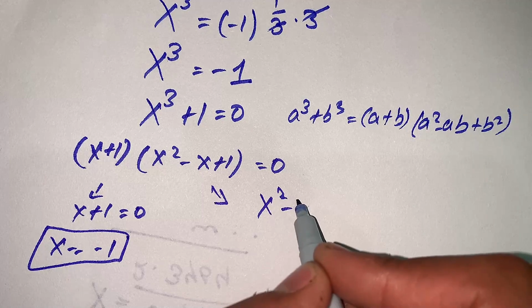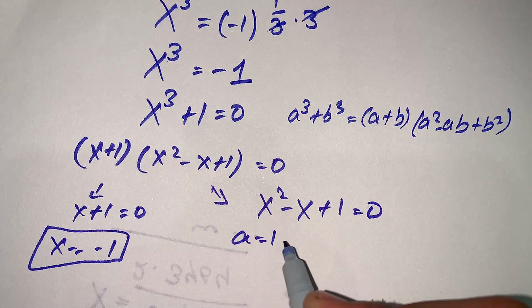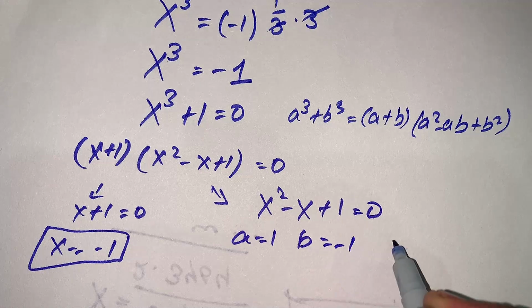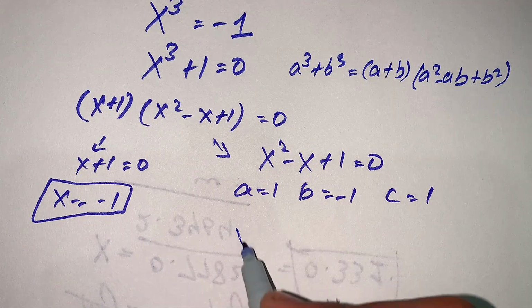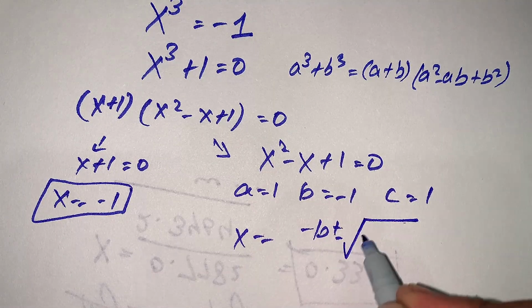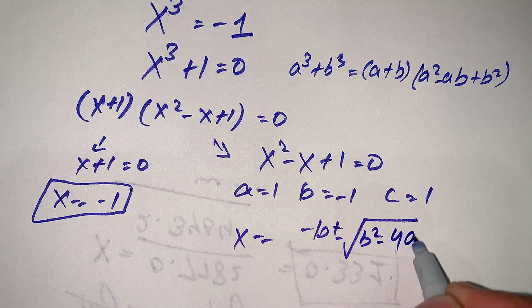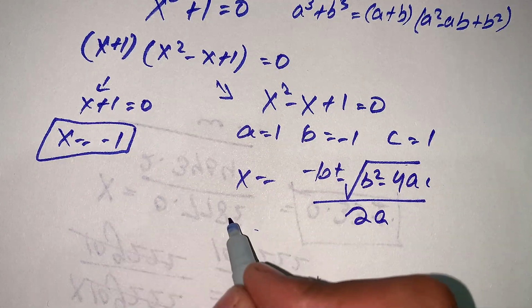And this side, this will be x squared minus x plus 1 is equal to 0. Here a is equal to 1, b is equal to minus 1 and c is equal to 1. We apply this formula: x is equal to minus b plus minus under the root b squared minus 4ac, divided by 2a.